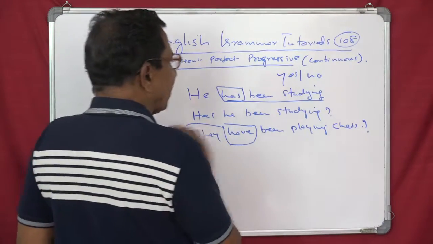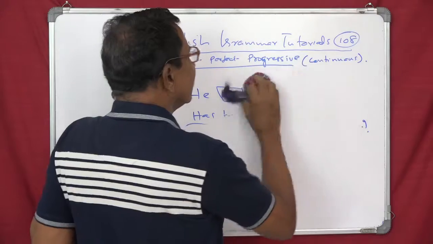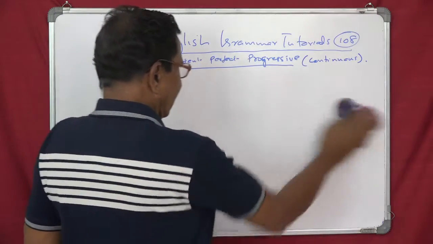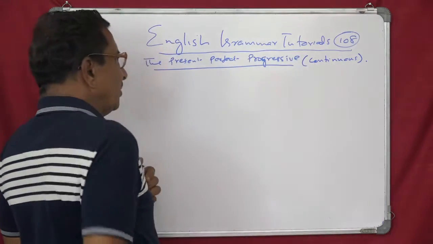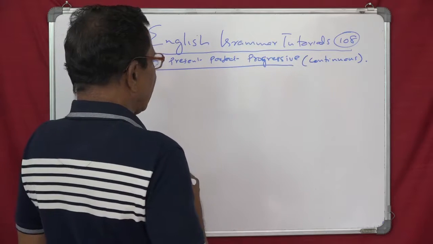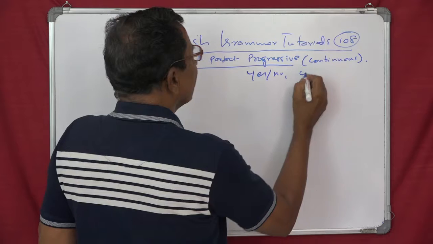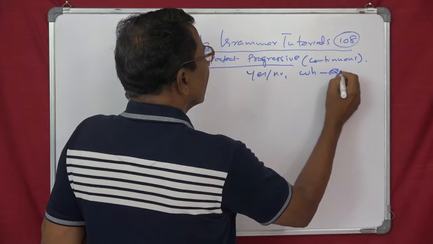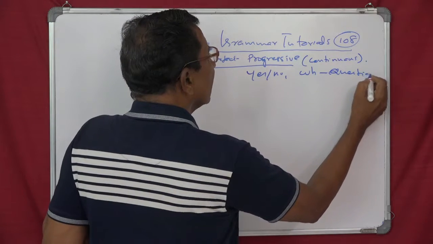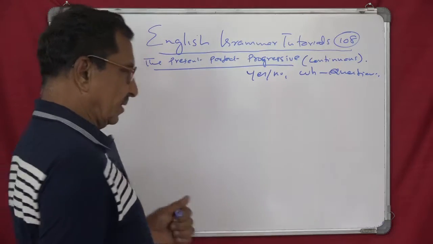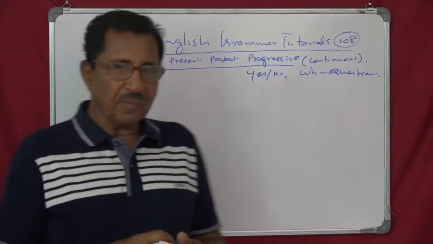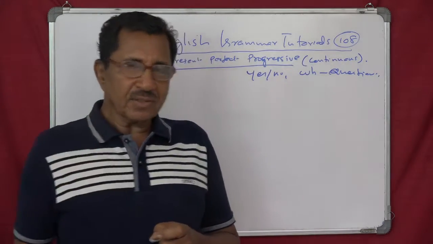Now there is one more point, and that is the WH question. For that, what do you have to do? Present perfect progressive, yes or no, or WH question. Now, WH questions have, as we have seen, new information. So you have to find out the appropriate WH word.